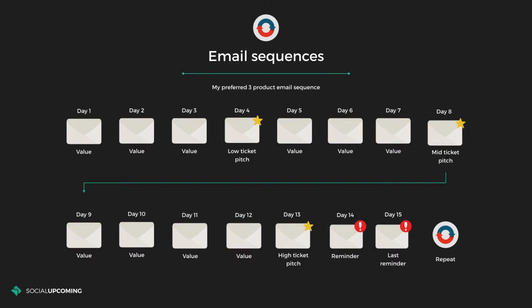What I typically do is that for the different pitches, if people click the link in the email to the buy now page, I would track that with a conversion pixel to see if they actually purchased. If they click the link, they would be added to a separate list with more responsive people.